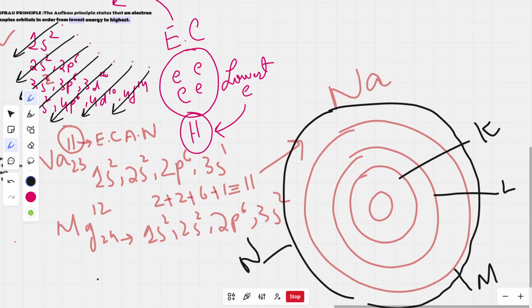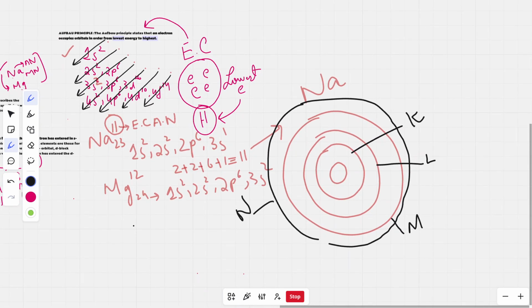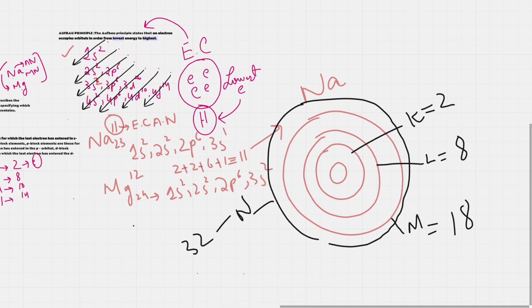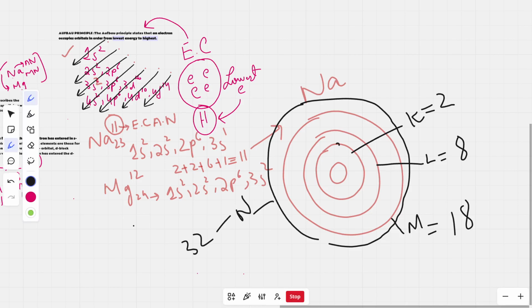Is that clear? Okay. अब how many electrons does shell K contain? 2. L में हमारे पास होते हैं 8. M में होते हैं 18 और N में हमारे पास होते हैं 32. So let's see. Now see how many electrons were there in the first shell. 2.